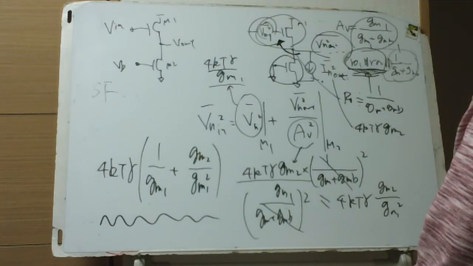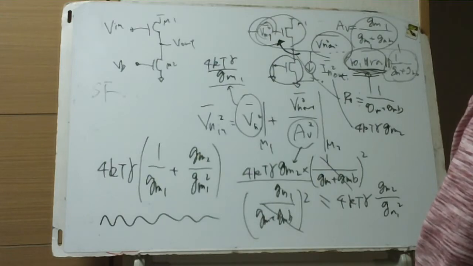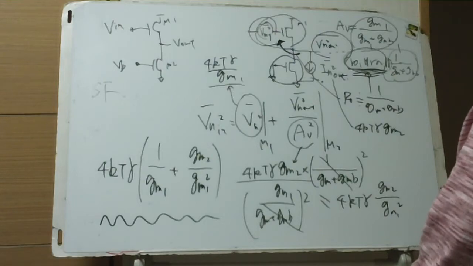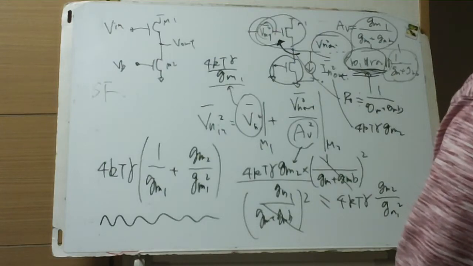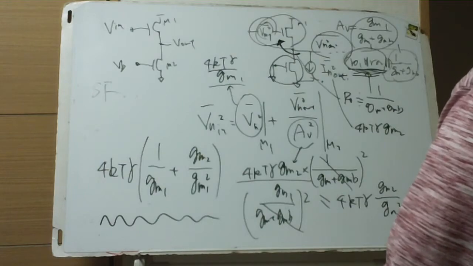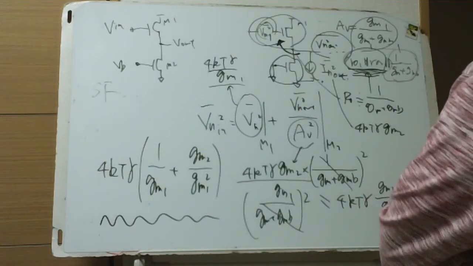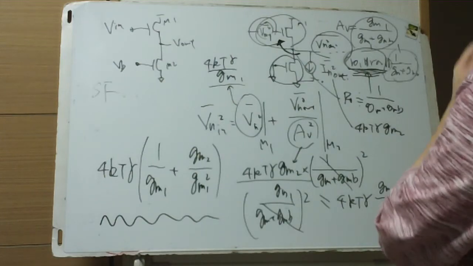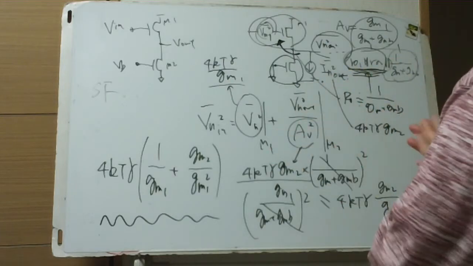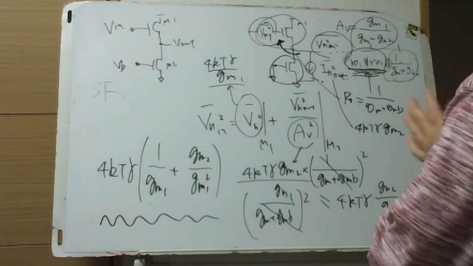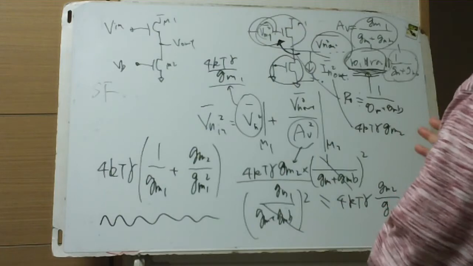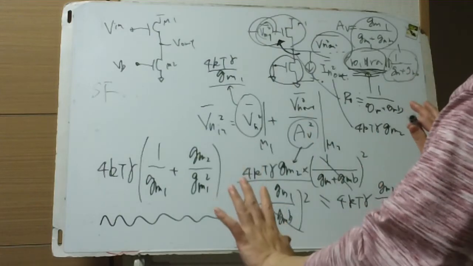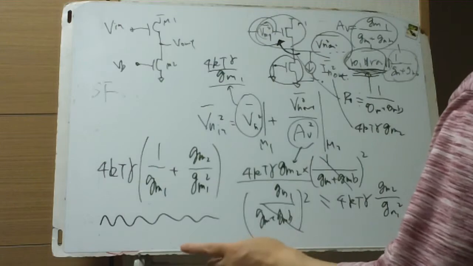We are almost finishing useful amplifier topologies, and how to derive input referred noise. Input referred noise is a fair metric, a fair value, for any amplifiers having different voltage gains.